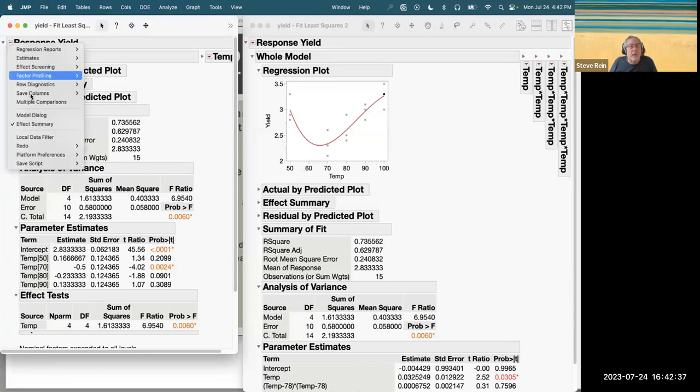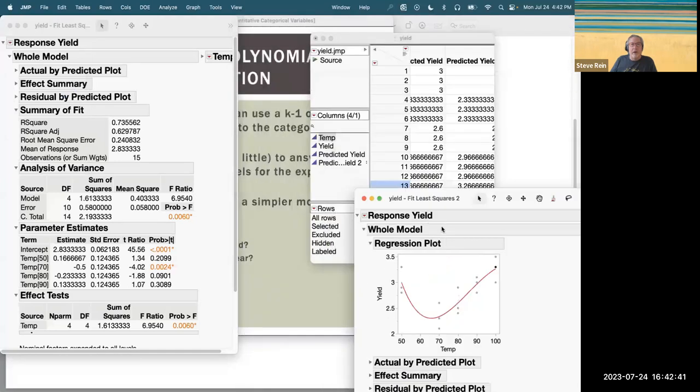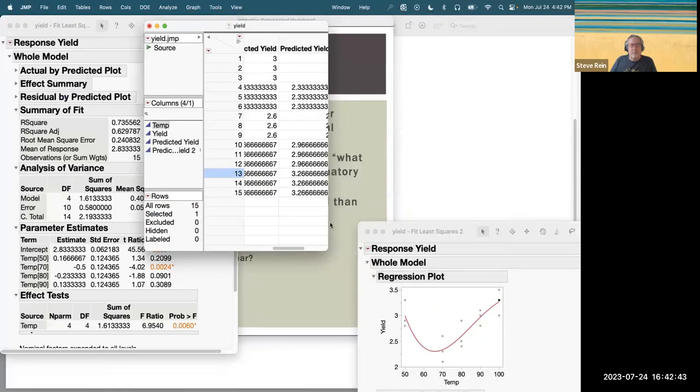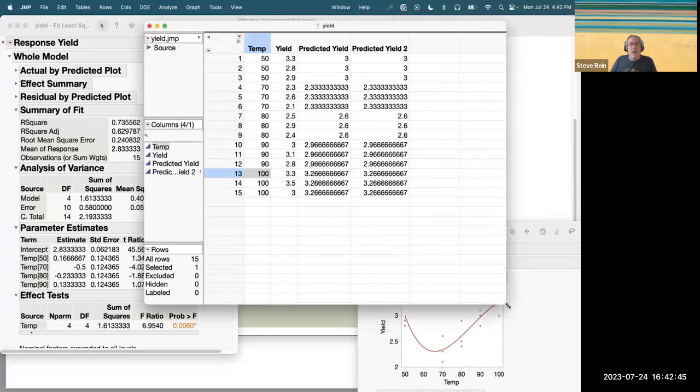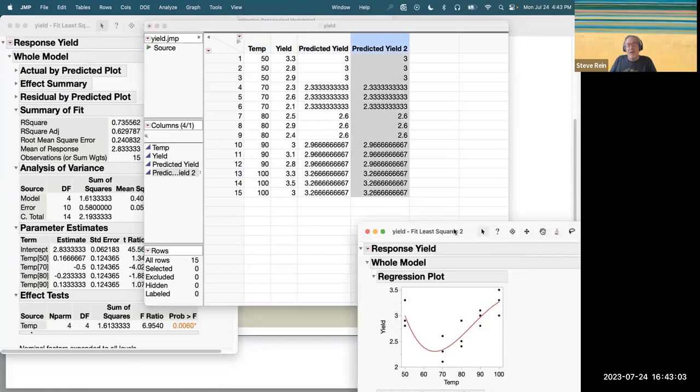Now looking at our columns of predicted yields via the quantitative fit, they're the exact same as the predicted yields for the categorical fit. The quantitative fits and the categorical fits are the same.